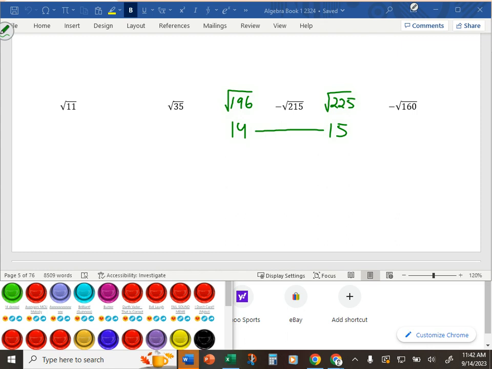Is it going to be closer to 14 or closer to 15? Let's put our 14.5 in here. Closer to 14 or closer to 15? 15. Why? You're right, but why? Well, how far away is 215 from 196?